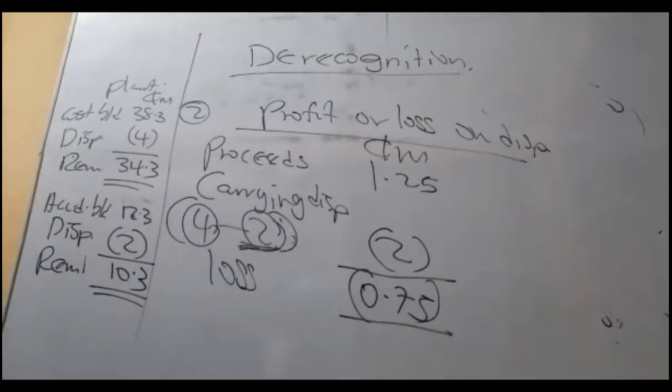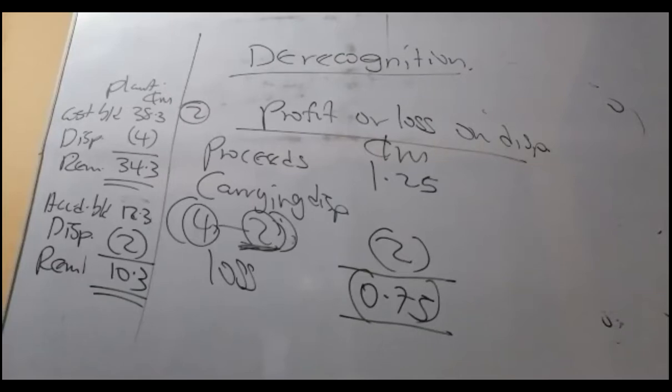The standard permits two treatments. Either all the revaluation gain will be transferred to the P&L as a gain, or it will be maintained in the revaluation surplus. These are the two options available.